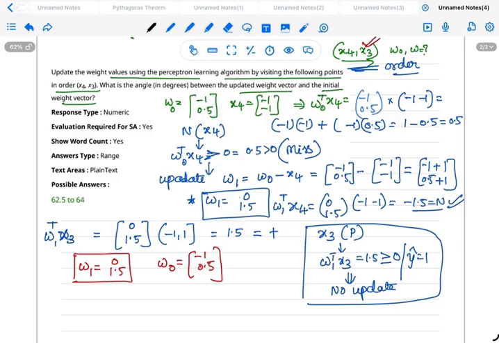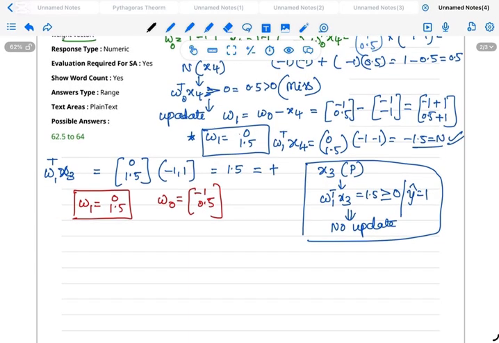Now find the angle between them. They are asking for the angle, so cos theta equals W1 dot product W0 divided by the norm of W0 times the norm of W1.